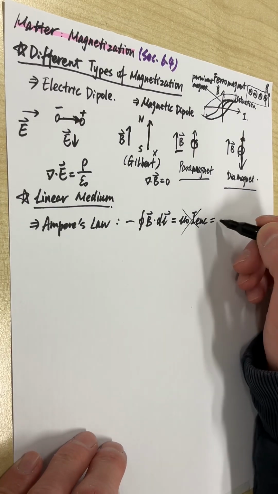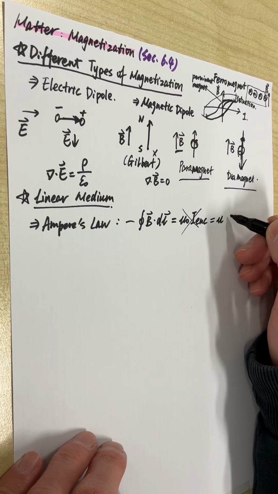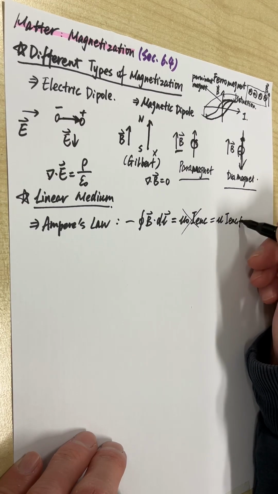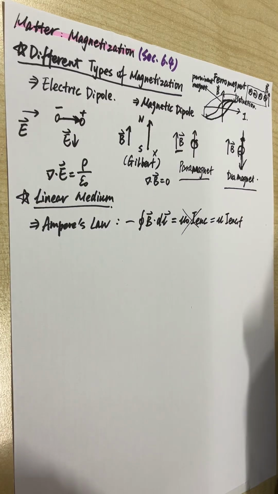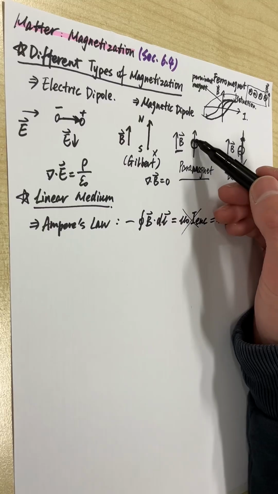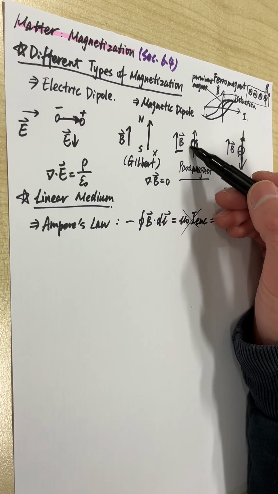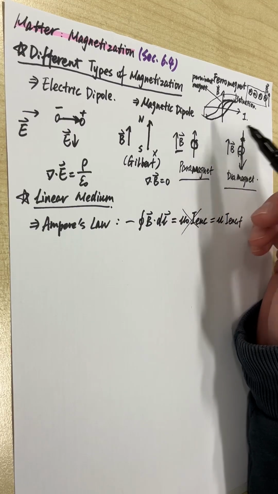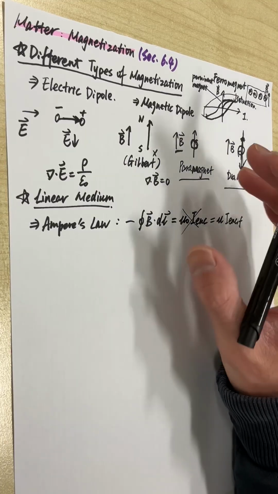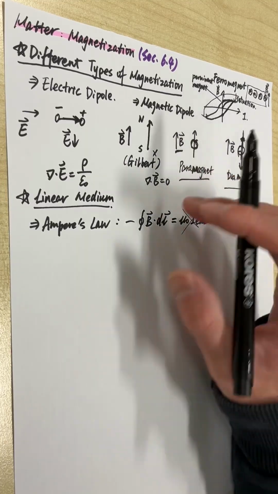We have mu and then I enclosed free, so the free current enclosed. Because what happens here is you generate tiny current loops, and this would generate bound current, and this would do something to the medium.